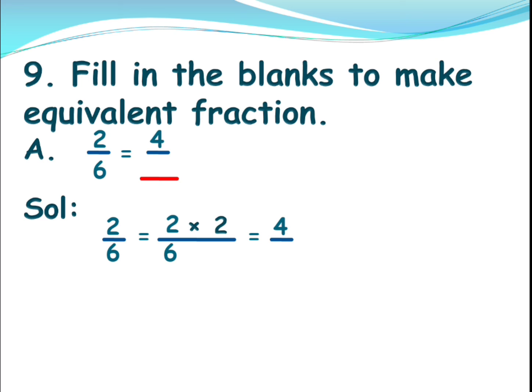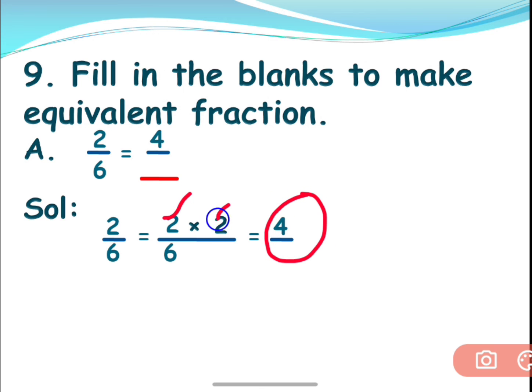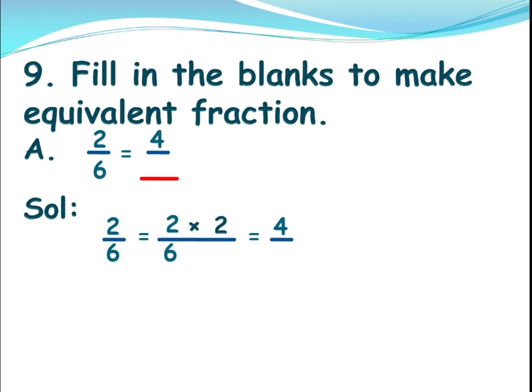So to get 4, you need to multiply with 2, isn't it? So 2 is already given. So what should be multiplied to 2 to get 4? 2, isn't it? 2 2s are 4 you will get. So we have multiplied with 2 here. So the same 2 you will multiply in the denominator, because to get the equivalent fraction you have to multiply the number 2 in the numerator as well as in the denominator.